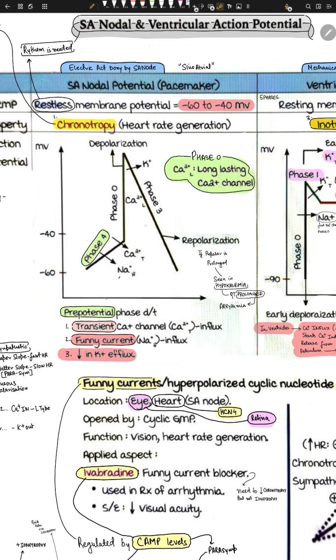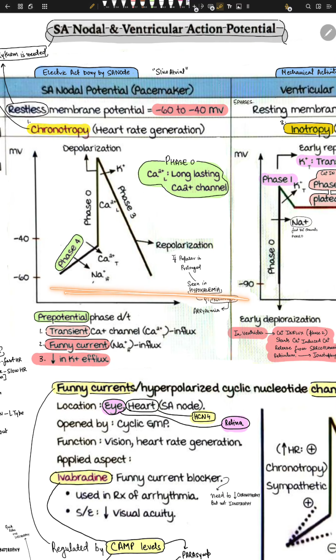So actively we are pushing out potassium, right? Imagine we have some problem in these potassium channels. If we have some problem in these potassium channels, the whole phase 3 will be elongated, right? Now, instead of this, the graph will come as this, because the time taken will be more.